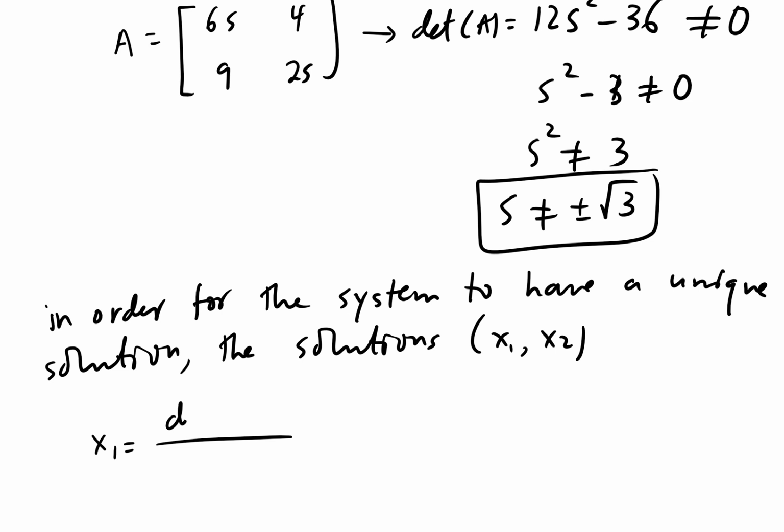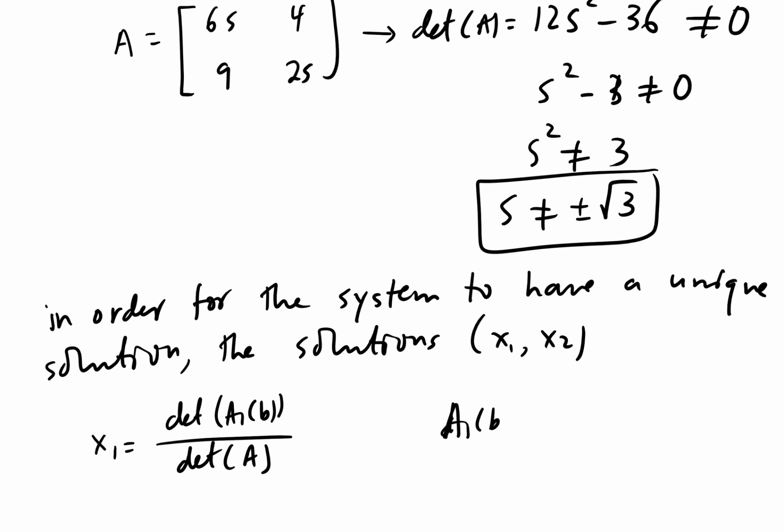It's the determinant of A1 of b over the determinant of A. We calculated the determinant of A already. It's 12s squared minus 36. Now we need to find the determinant of the numerator.